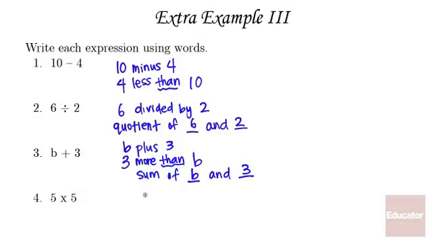This one I can use times, multiplied, or product. So it'll just be 5 times 5. If I'm going to use product, then I have to say the product of something and something, which will be 5 and 5. The product of 5 and 5.